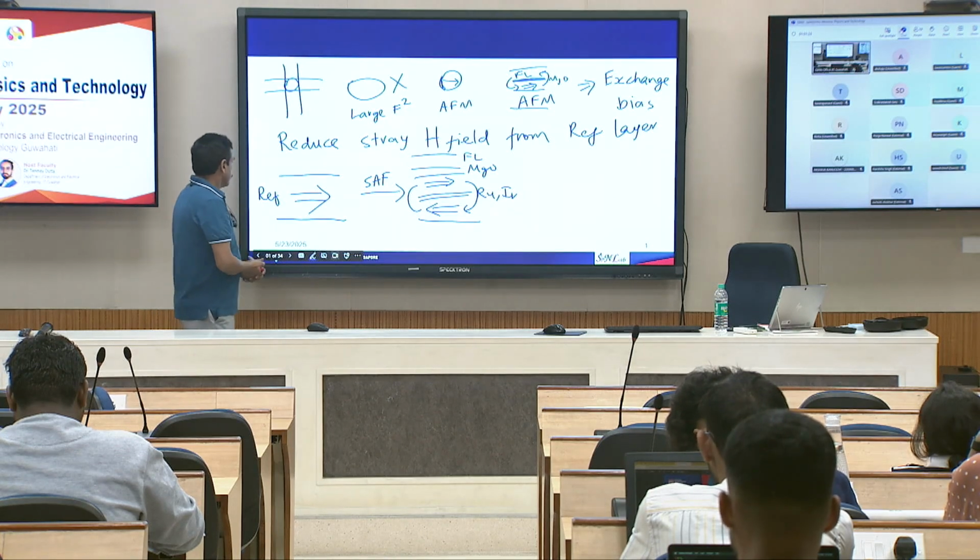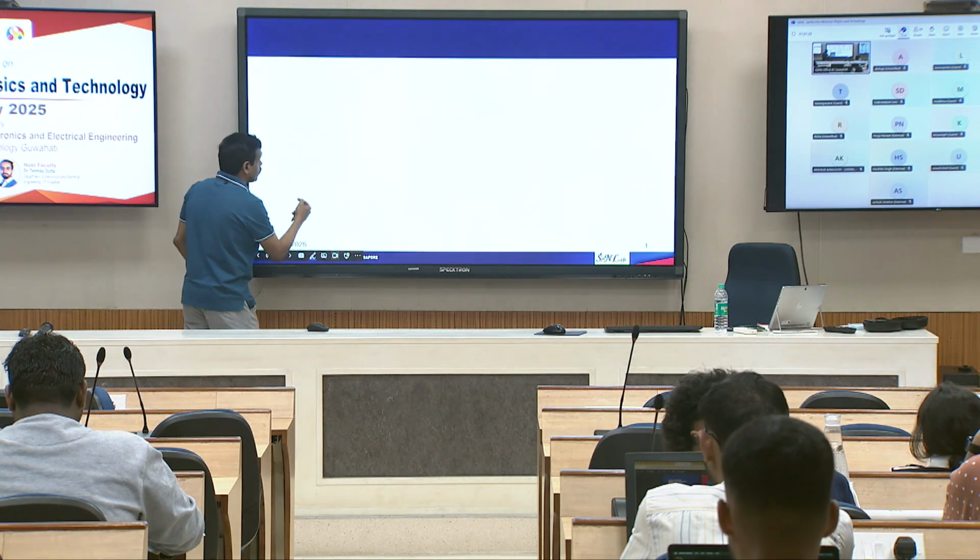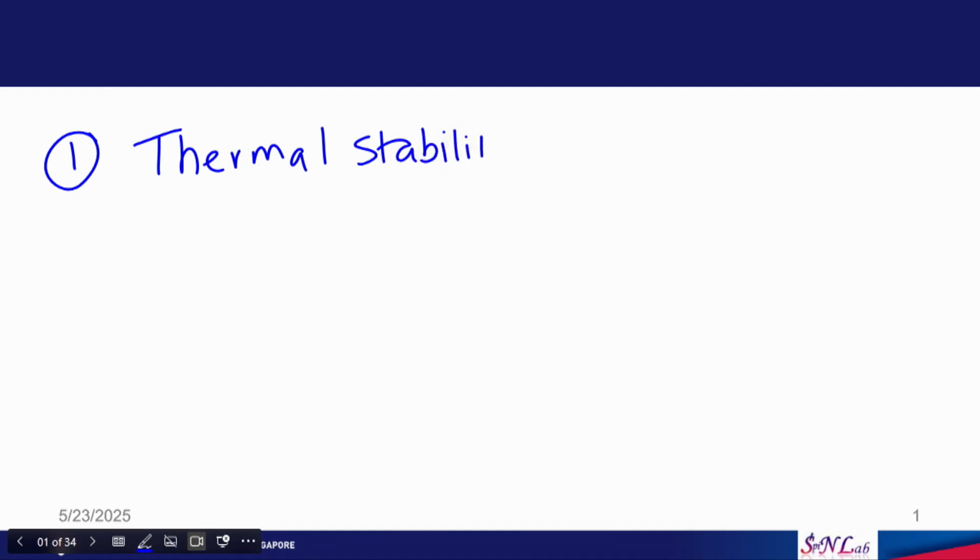Then we learnt that there are at least two problems with respect to in plane MRAM. First problem is thermal stability. So, we have learnt that the KUV has to be greater than 60 times kBT.